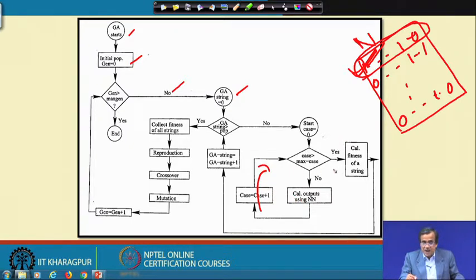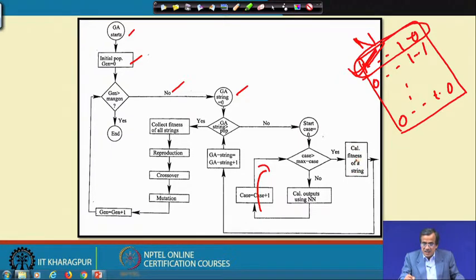I can sum them up, and I can find out what should be the fitness of this particular G string. How to determine this fitness, I will be discussing in the next slide, but for the time being, let me tell you that using the output and by comparing it with the target value, we try to find out the error in prediction, and this shows the mean squared error in prediction.